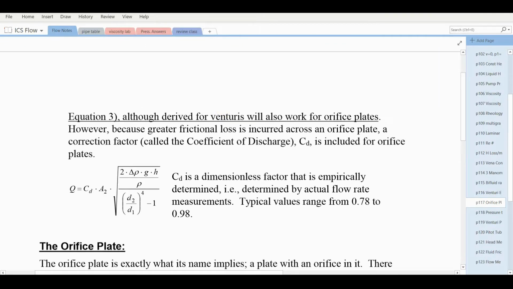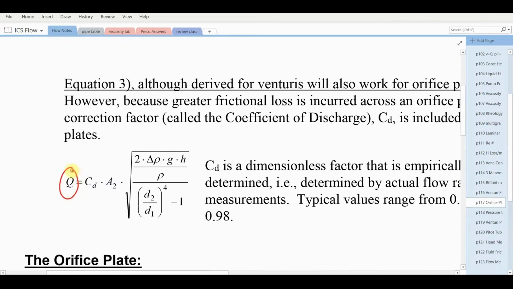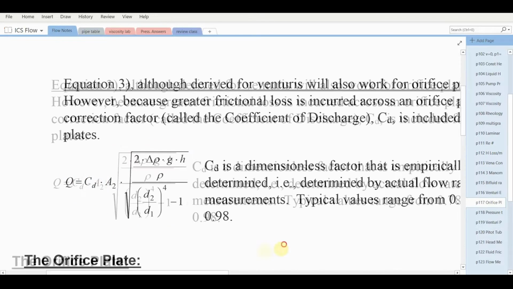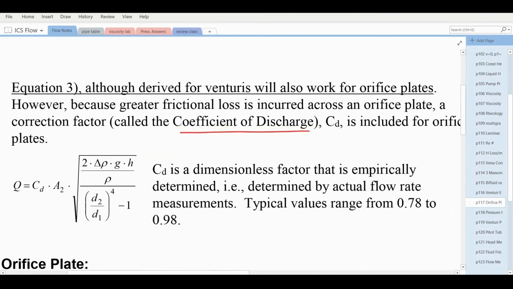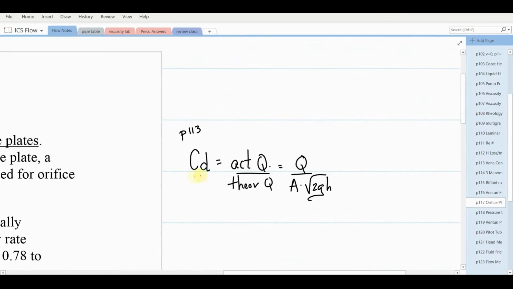Take a look at page 117. This is the equation for calculating the flow rate through an orifice plate, and it's essentially the same as for Venturi, except that we include a correction factor called the coefficient of discharge. Recall from way back on page 113, the coefficient of discharge is the actual flow rate divided by the theoretical flow rate.